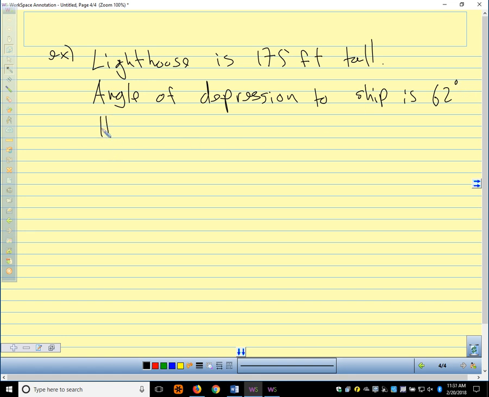We want to know how far the ship is from the base of the lighthouse.